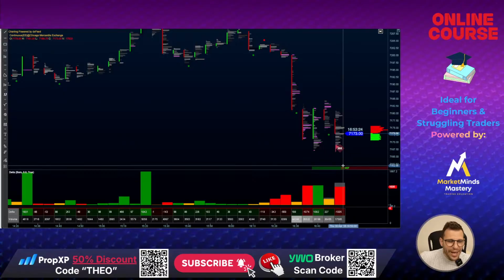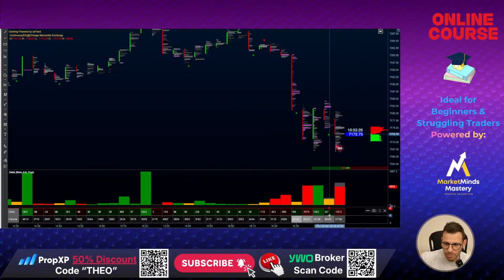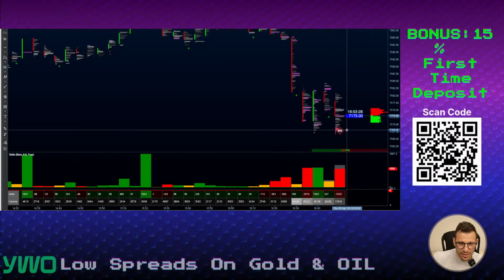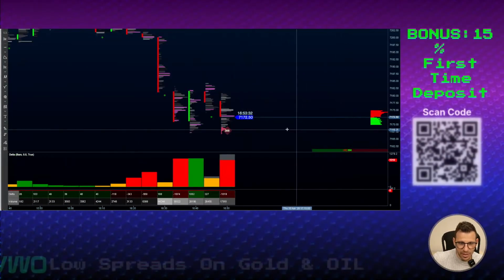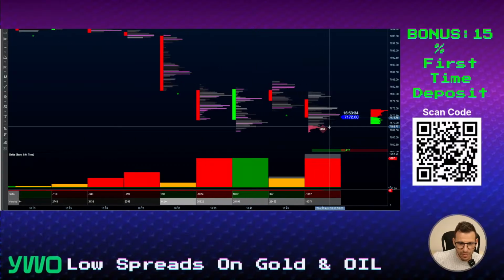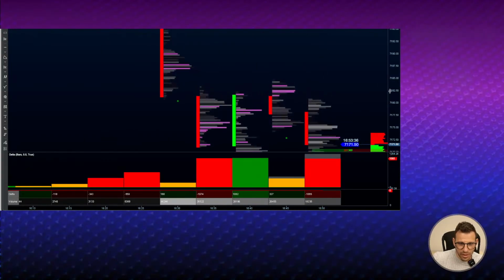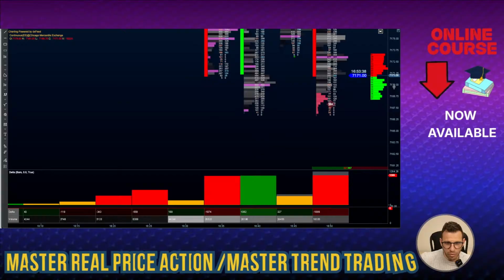What happened here at the bottom was that aggressive sellers entered the market. Look at this. Aggressive sellers entered the market right here. Now we want to see a follow through.